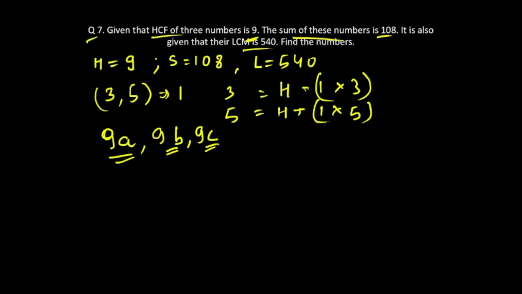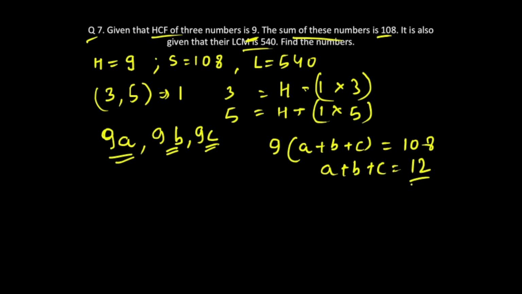Now we know that the summation of these 3 numbers is 108. So you add these numbers, take 9 common, and A plus B plus C becomes 108 divided by 9. So you get this equation: A plus B plus C is equal to 12.